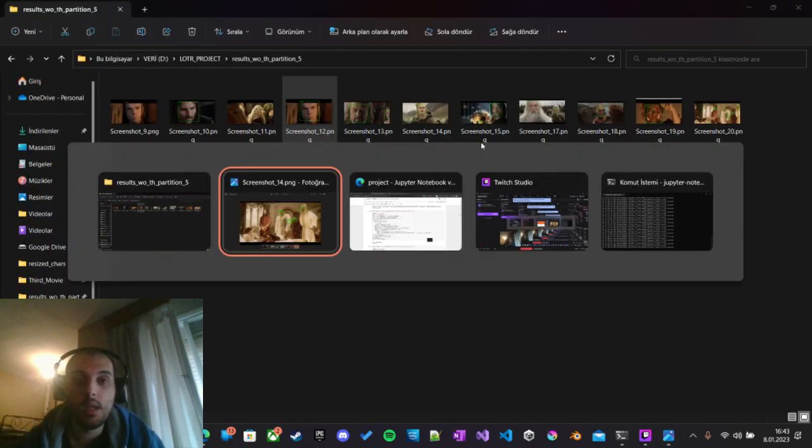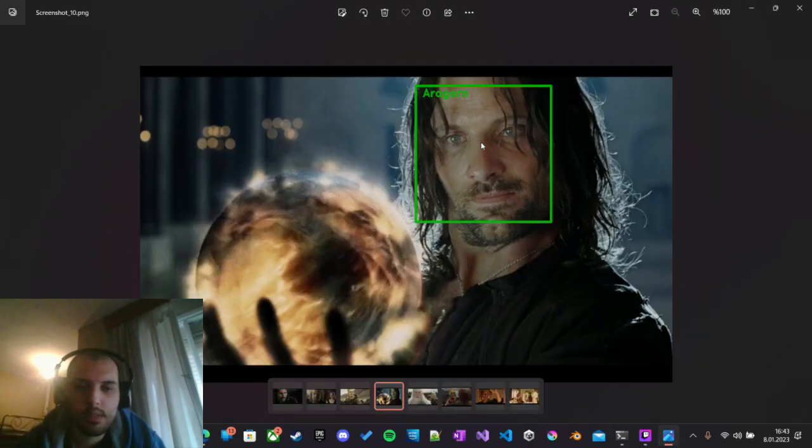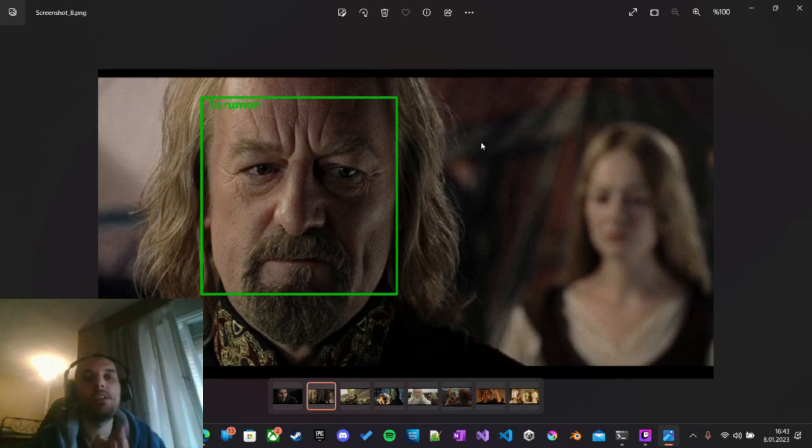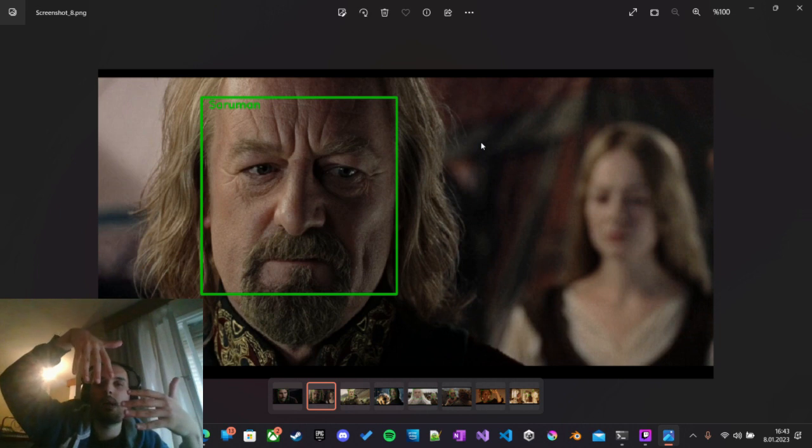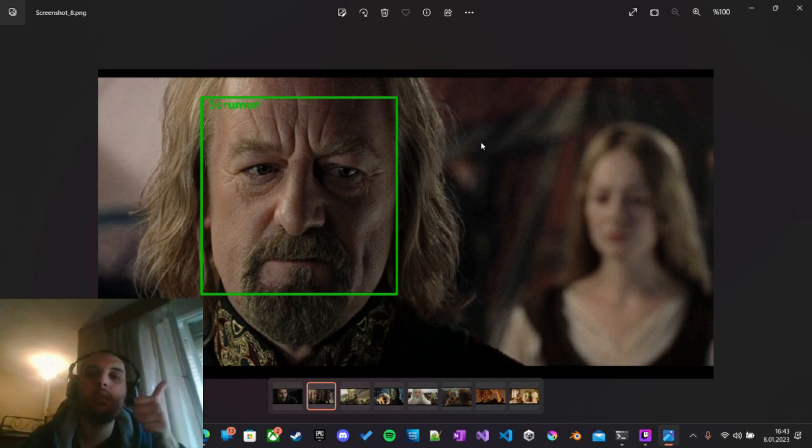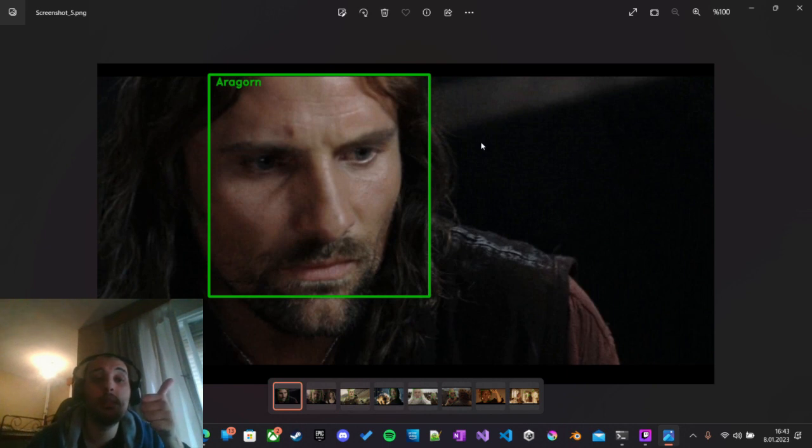So here, this was the 9, right? Yes. If I increase my partitions from 5 horizontal, 5 vertical to 9 horizontal, 9 vertical, bigger faces are still correctly classified. It thinks that this is Saruman because they have the same eyebrow structure and nose structure.